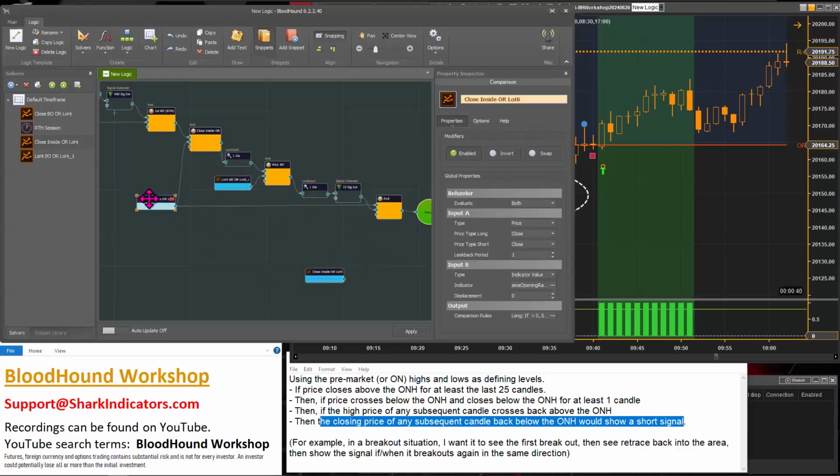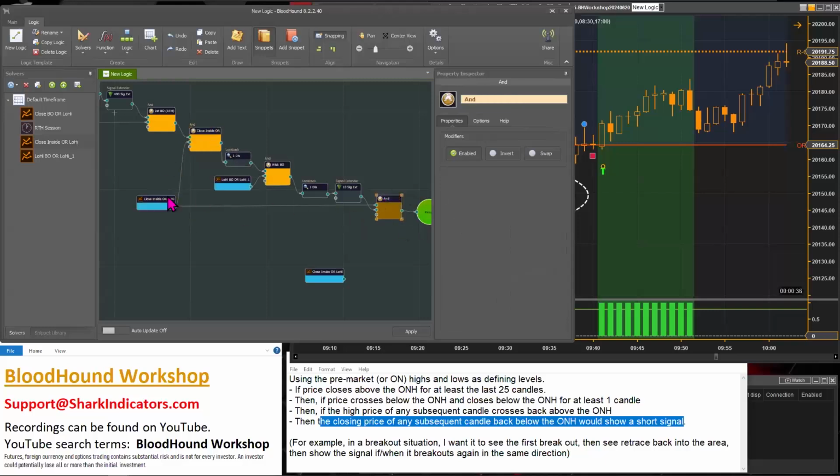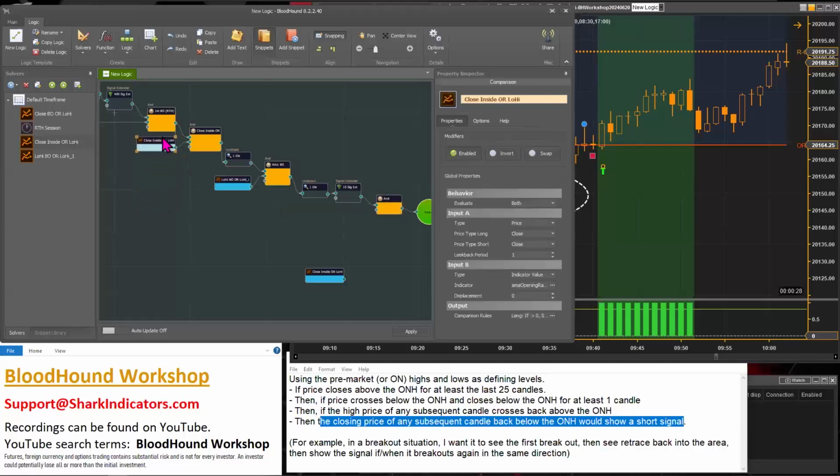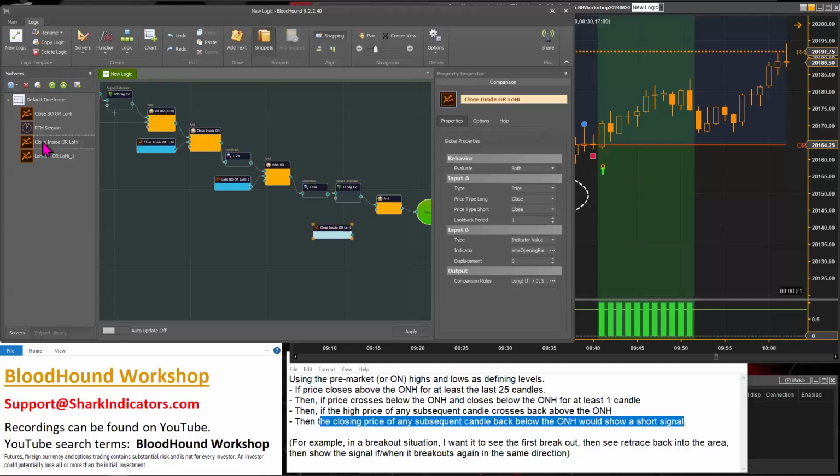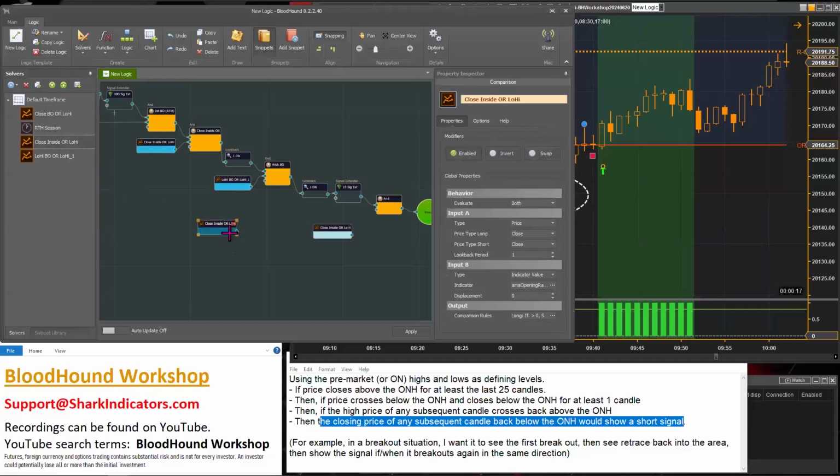I'm using this one node inside this AND node and with this AND node. But if you want to keep your leaders cleaned up so it doesn't look like spaghetti, then remember that you can just drag the node that you need again. You can just drag it on here, and they're both the same.